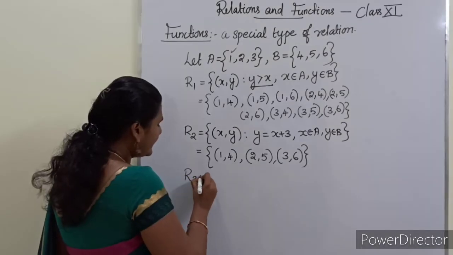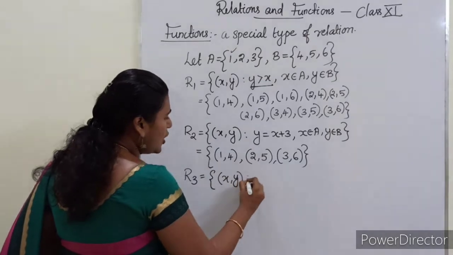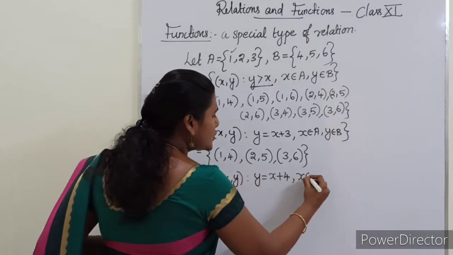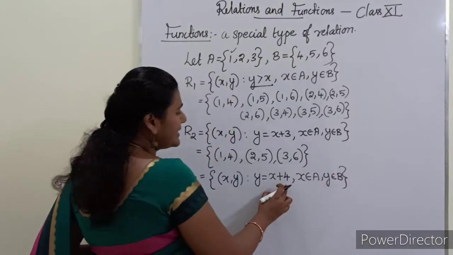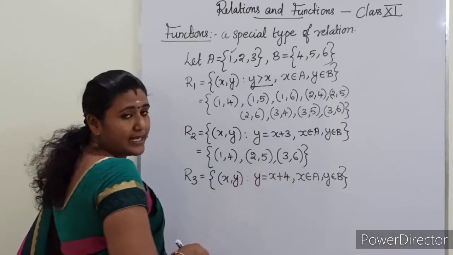Now we will define the third relation R3, the set of all (x, y) such that y is equal to x plus 4, where x belongs to A and y belongs to B. Here the second element is 4 more than the first element.